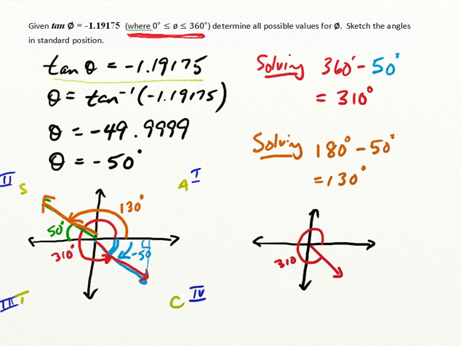The second solution in quadrant 2, there's the terminal arm right there, and this angle here is 130 degrees. So those are the two solutions for this problem. Just be careful, check your answers with the CAST rule to make sure that your positive and negative ratios are correct, and that's it.